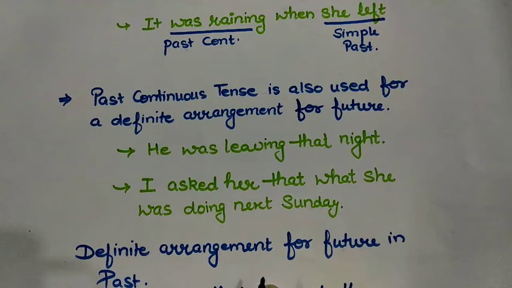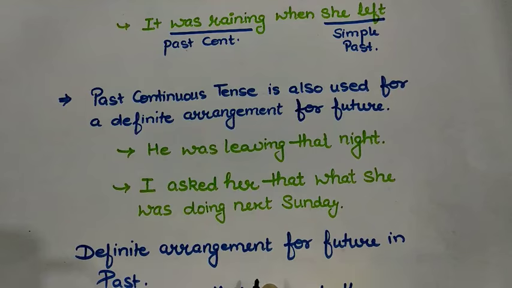Now, past continuous tense is also used for a definite arrangement for the future, but the arrangement we have made is in the past. We will try to understand this with examples. He was leaving that night.